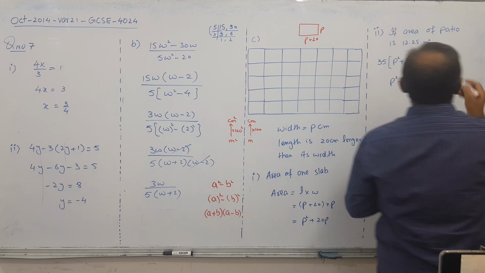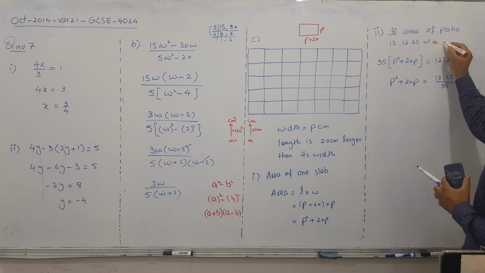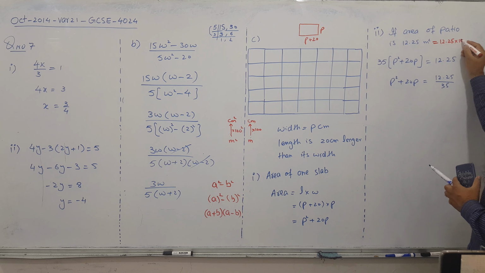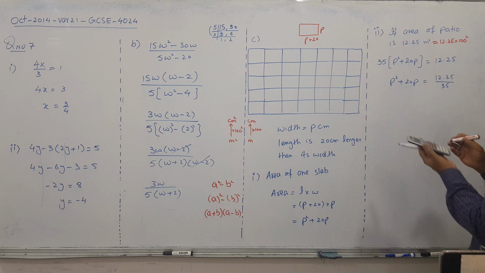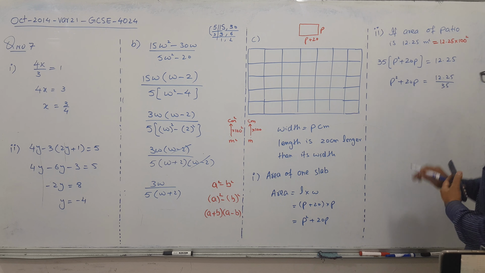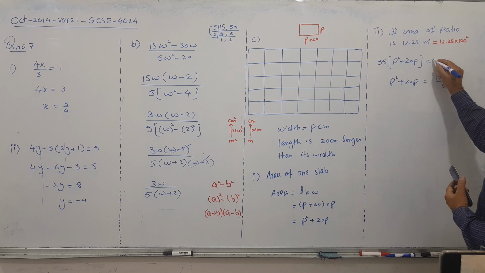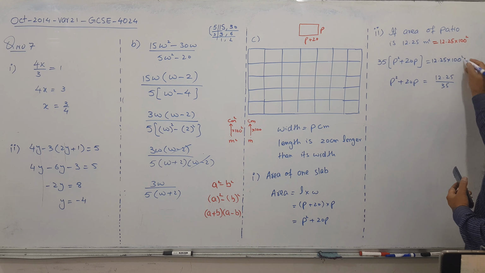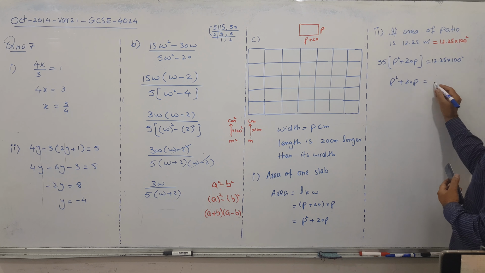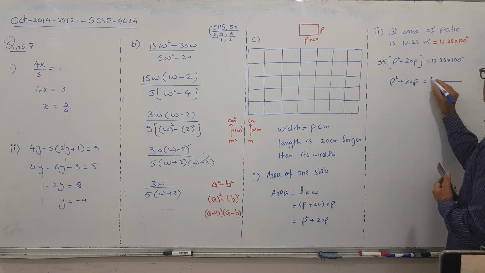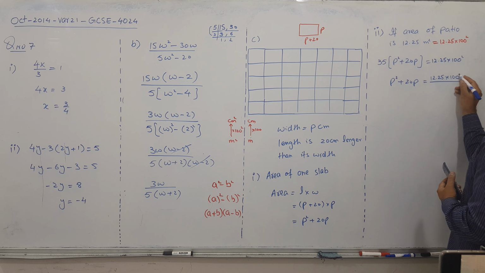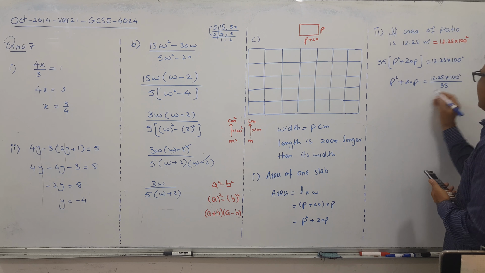So it means this number, I want to convert it, so 12.25 into 100 square. Similarly, even here, 12.25 into 100 square divided by 35.